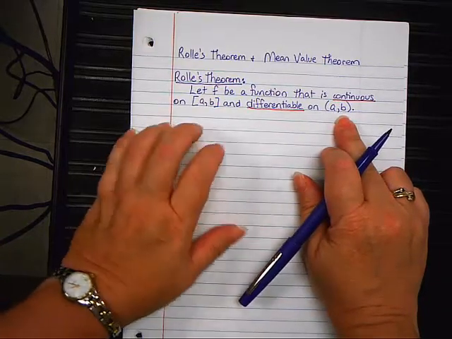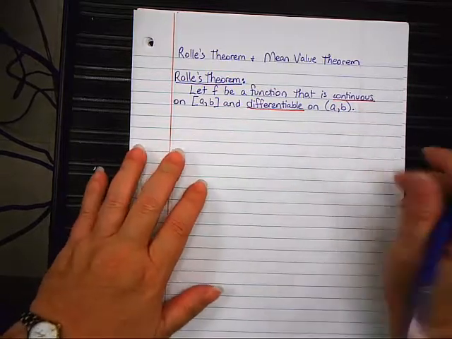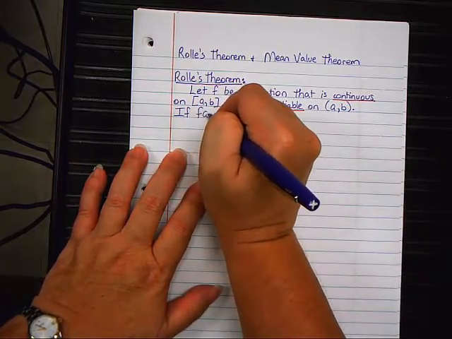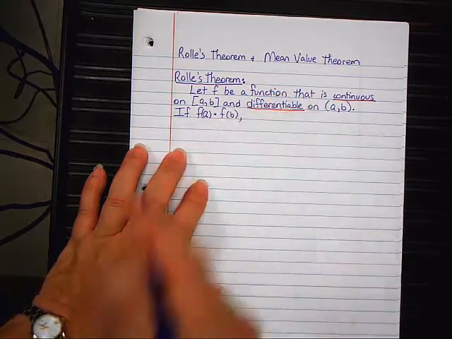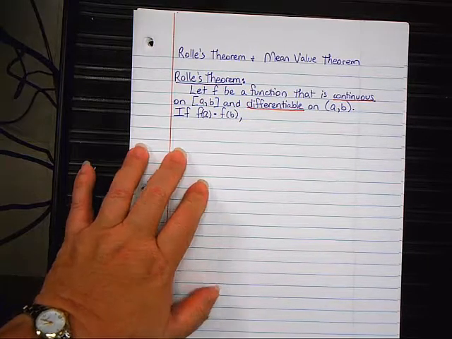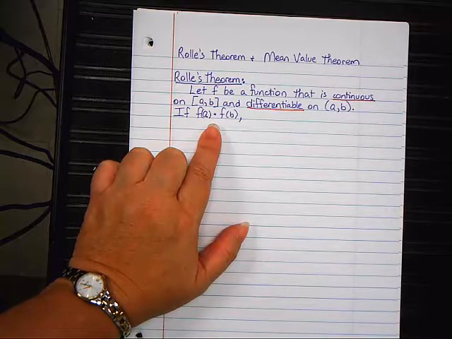So here are two criteria. There's actually a third, and it's embedded in the next sentence. It says if f of a equals f of b. What does that really mean?